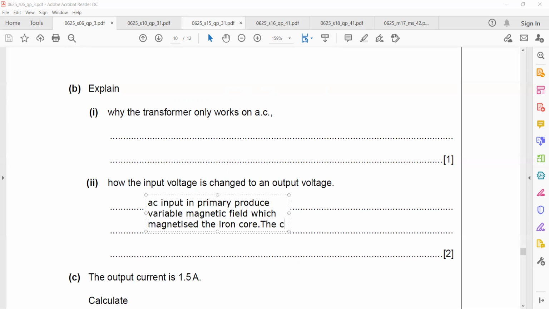The change in the magnetic field of the iron core induces EMF in the secondary coil.